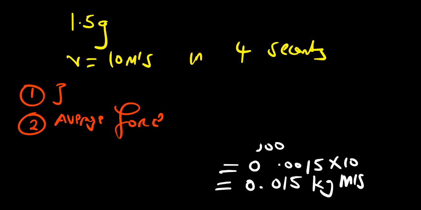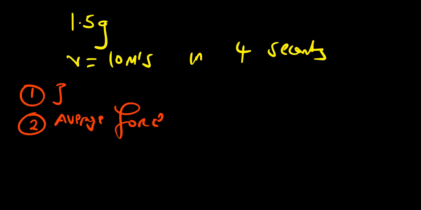Now that we found the momentum, how are we going to find the force at which this gun was fired? In this case, it will be a bit hard for us to find the force. We'll need other relationships in terms of momentum and other quantities.